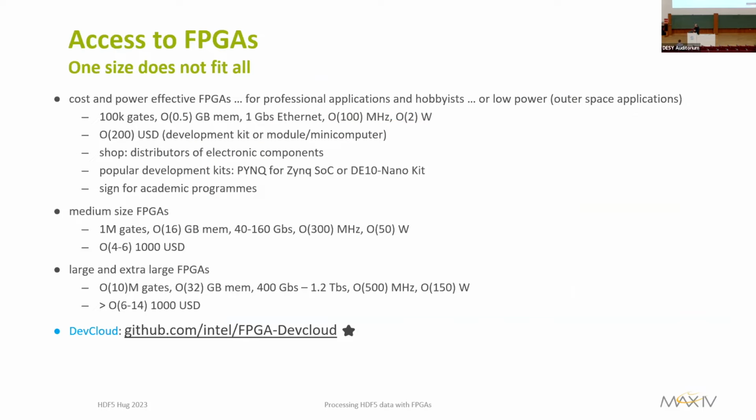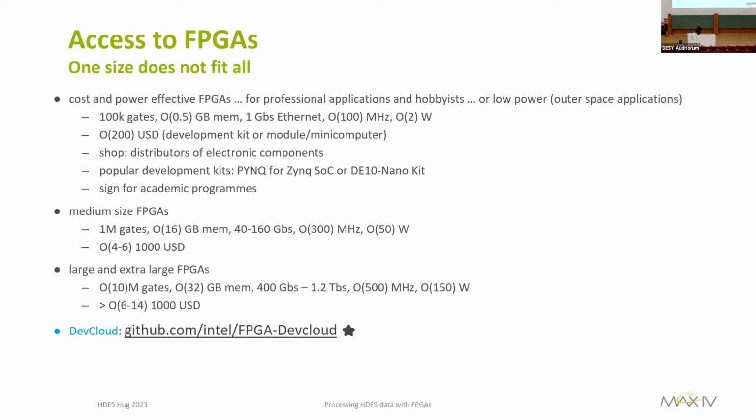How can one get FPGAs, for people who are not from synchrotron facilities? At synchrotron facilities, we usually go for the medium-size or large-size FPGAs that are quite expensive, and they have very high network connectivity. They are running at more than 100 megahertz, usually 300, 400 megahertz.